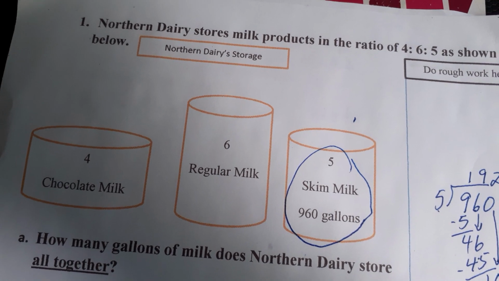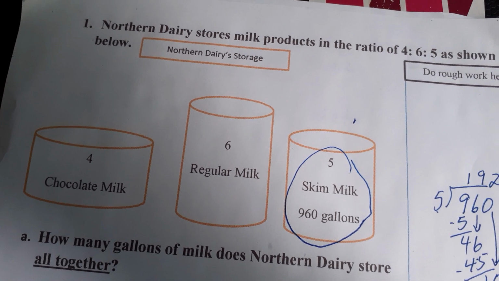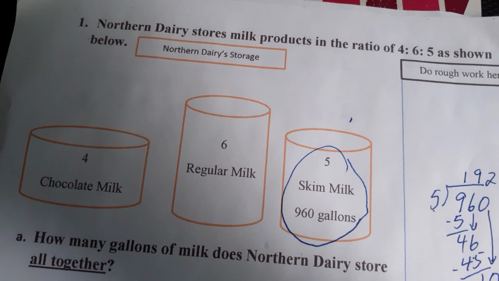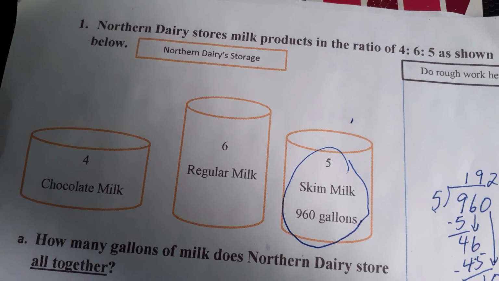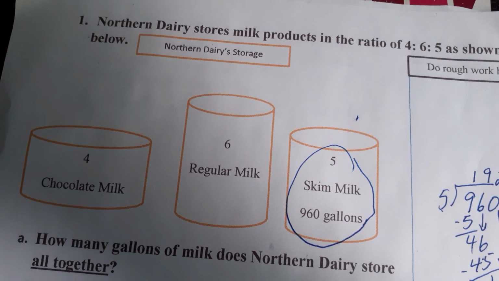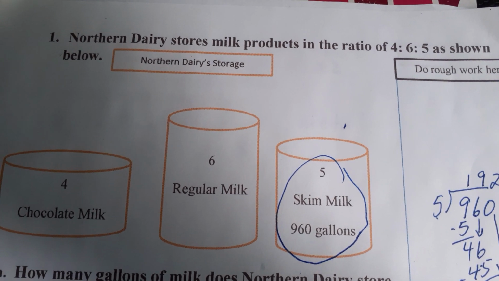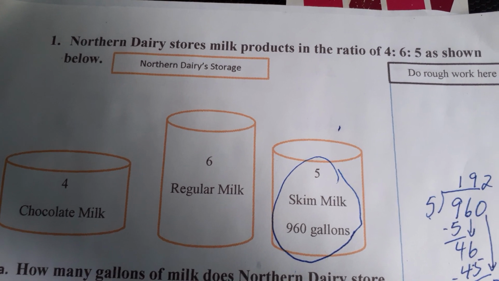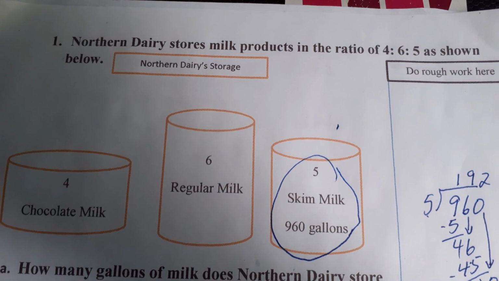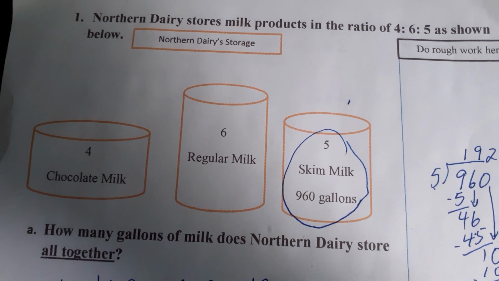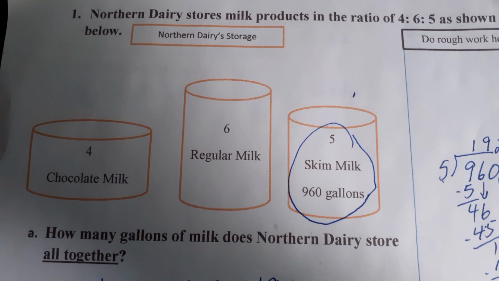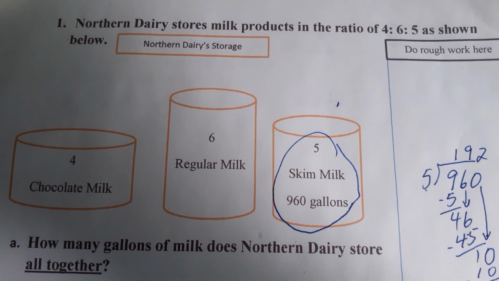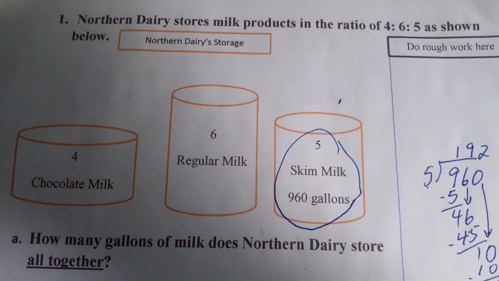The ratio of chocolate milk is 4, the ratio of regular milk is 6, and the ratio of skim milk is 5. If you notice, for 5, it's giving you already a total amount, okay? Now, the question: how many gallons of milk does Northern Dairy store altogether?